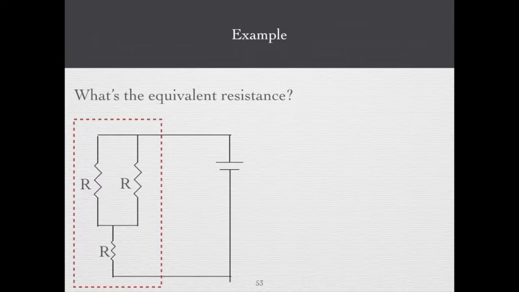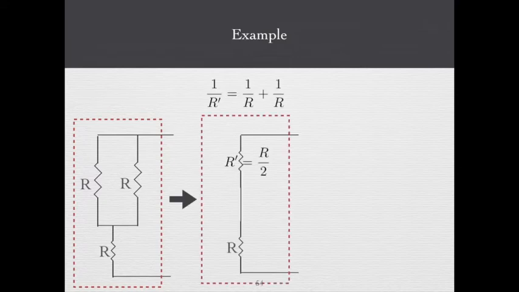Okay. All right, so now let's take a look at a slightly more complicated case where we have 3 resistors. Let's try to break them down. The top 2 resistors both share the same head and the same tail. So it seems like the top 2 are in parallel.